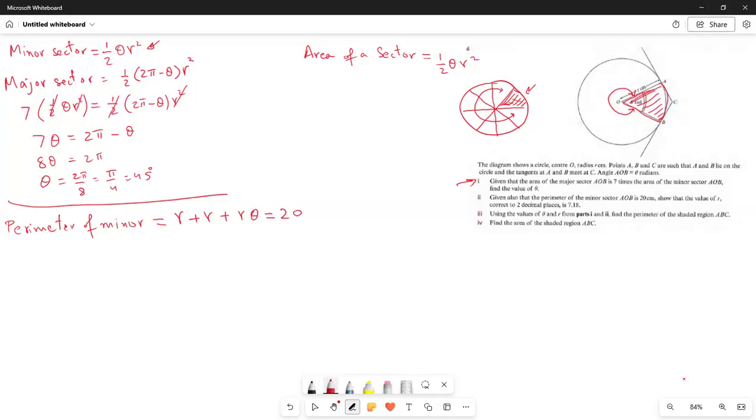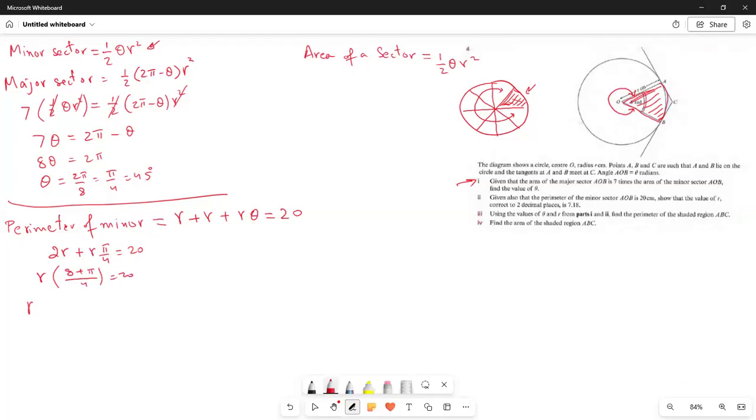So you can see it is going to be 2r plus r theta. Theta is pi by 4. So 2r plus r into pi by 4 is equal to 20. I can take r common and it will become r times 8 plus pi over 4 equals 20.